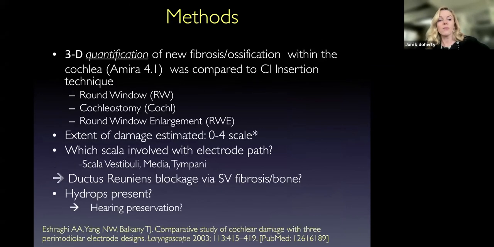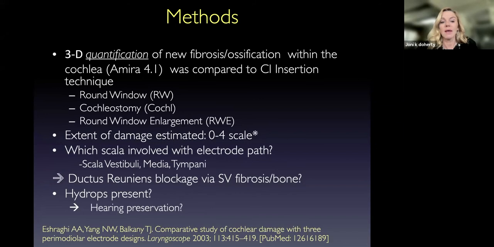And we did the 3D quantification using the MIRA 4.1 for this study of the new fibrosis or ossification within the cochlea. And that was compared to the CI insertion technique, which we could see histologically, basically whether they did a round window insertion, cochleostomy, or a round window enlargement.